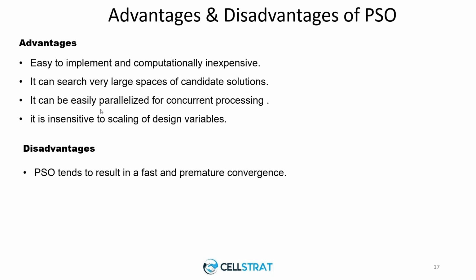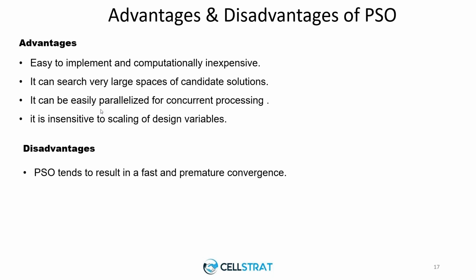It can be easily parallelized for concurrent processing, so parallel computation can be done very easily, and it is insensitive to scaling of design variables. Basically, whatever values the particle positions take, big or small, it's insensitive to that. One of the disadvantages is that it can tend to result in fast and premature convergence.